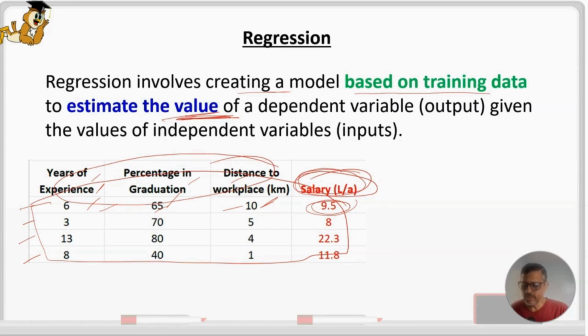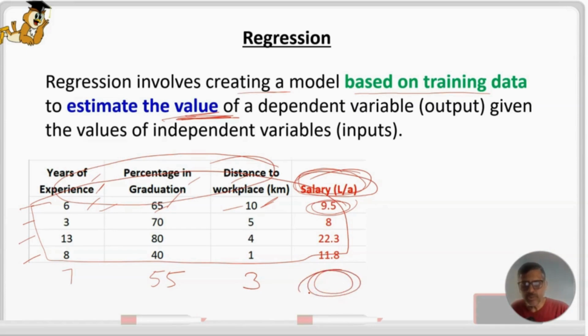Now in the regression problem, what we need to do is, if you are given the years of experience, let us say 7, and the percentage in graduation for this person, let's say 55, and you are told that he lives at a distance of 3 kilometers from the workplace, you want to estimate the value of his salary.